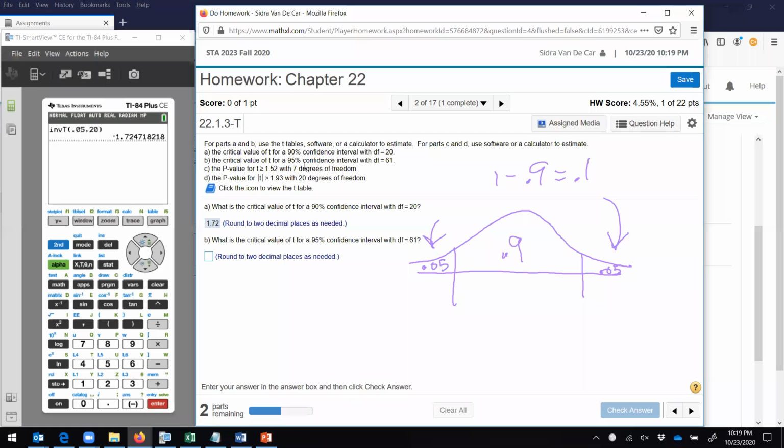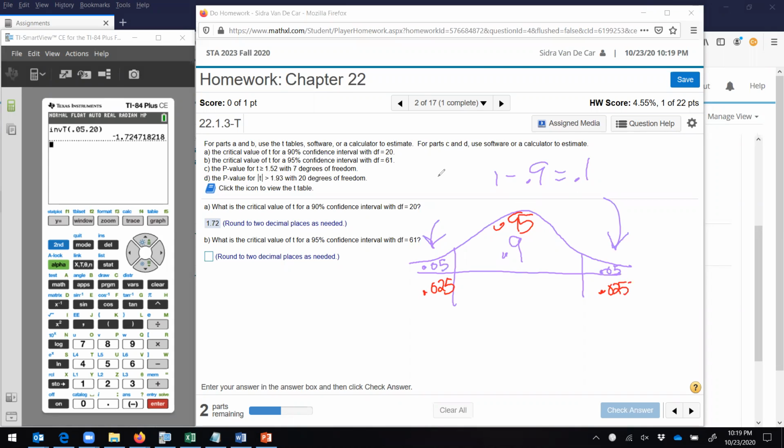All right, now we're doing a 95% confidence interval with 61 degrees of freedom. If it's 95, then that means here is 0.95. So half of the remainder, which is 0.05, is here, so 0.025 on each side.